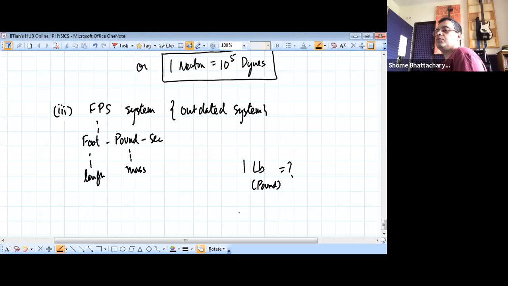You should remember that 10 pounds is equivalent to 4.5 kg.